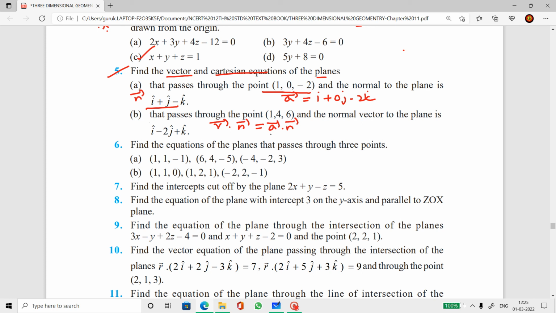So let's see what we are getting through that. I think I mistook the values.